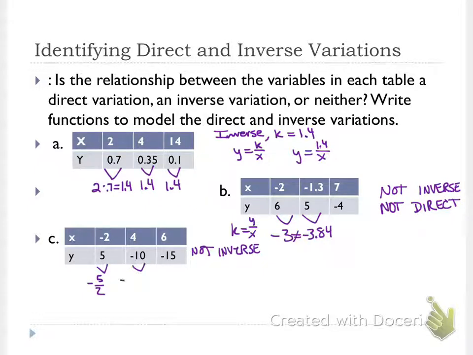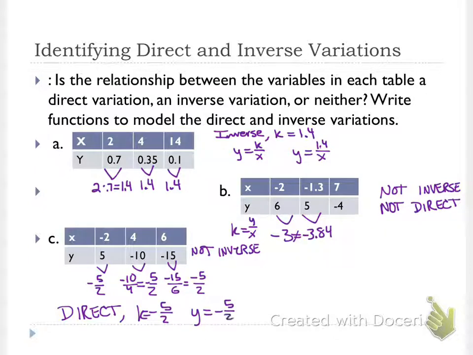This is negative 10 over 4, which is negative 5 over 2. And this is negative 15 over 6, and if you divide the top and bottom by 3, you get negative 5 over 2. So this is direct. My k is negative 5 over 2, and my equation, remember, is y equals k times x. So y equals negative 5 over 2 times x. Simple enough.